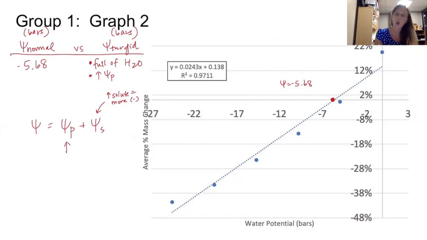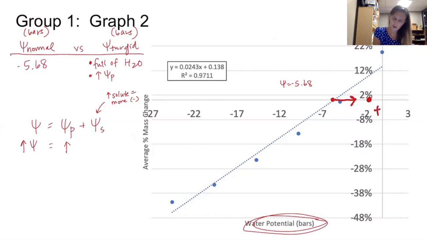Pressure potentials are always positive. So if we're adding more pressure potential, then what we've done is increase the water potential of that original starting potato. So what you would see is that, again, on the x-axis down here, that number got a little bigger, would shift to the right, right?